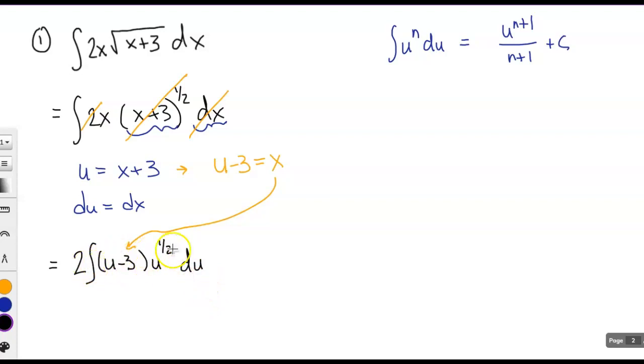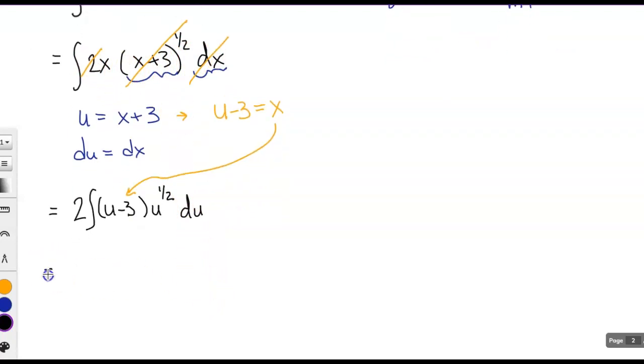So now this, in terms of u, exactly matches my original. The next thing you're going to have to do every time you do this is distribute to simplify your expression so that you can anti-differentiate. So u times u to the 1/2 is u to the 3/2, minus 3u to the 1/2, du.